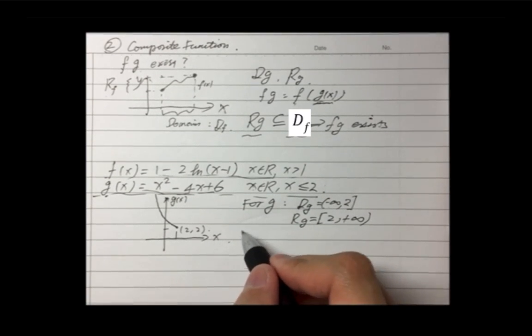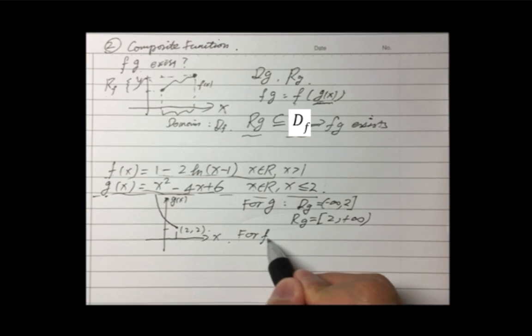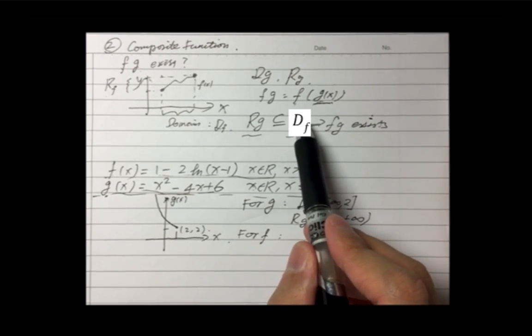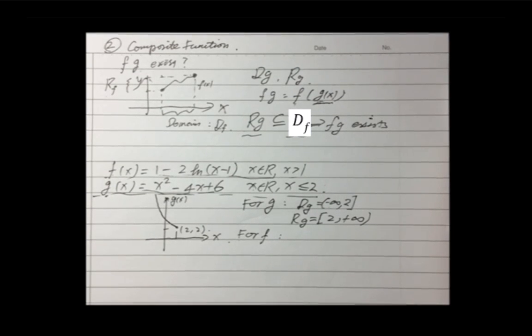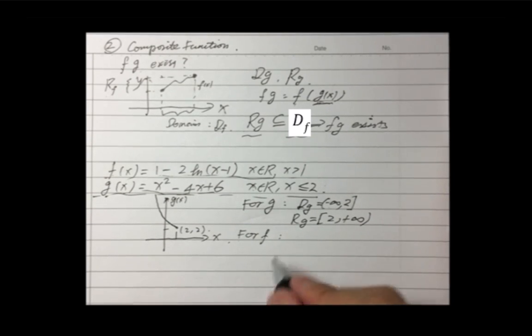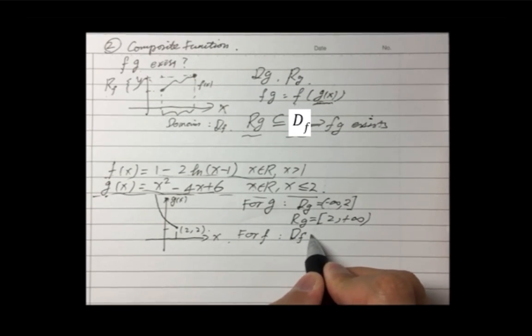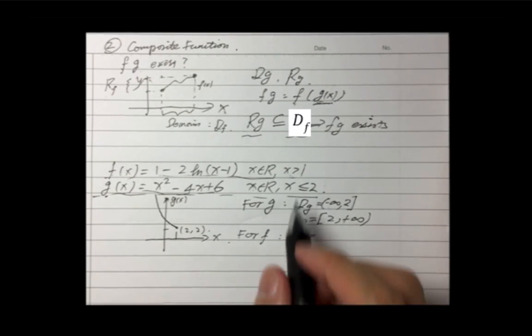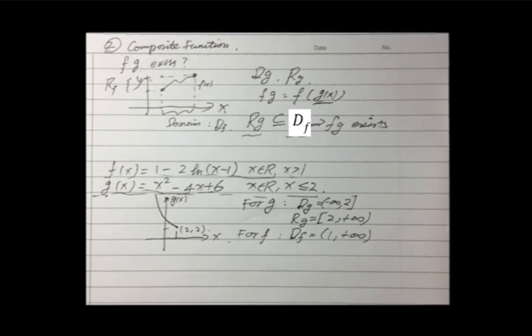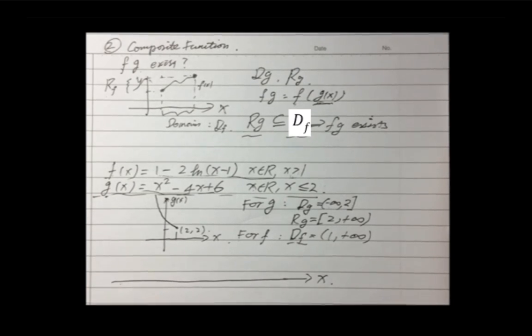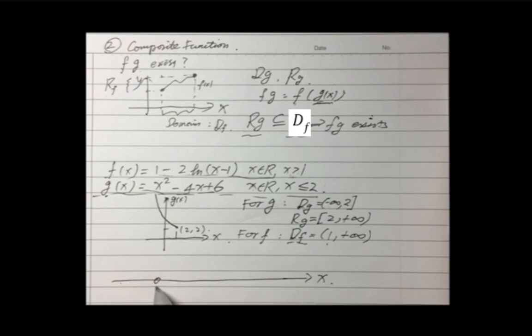How about f? We only need to know f's domain and g's range, then it's good enough. So f's domain, we already get it from the question, is greater than 1. So whatever is greater than 1 till positive infinity. Let's analyze. This Df, I just draw a one-dimensional line, is greater than 1, all the way to infinity.